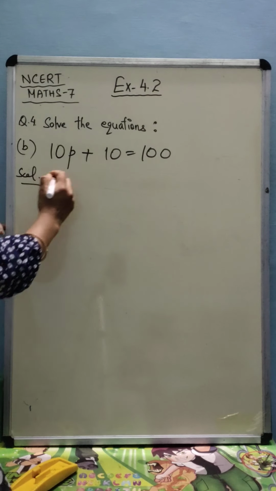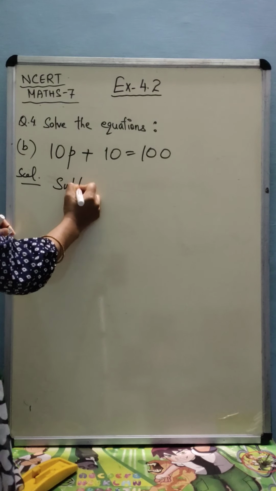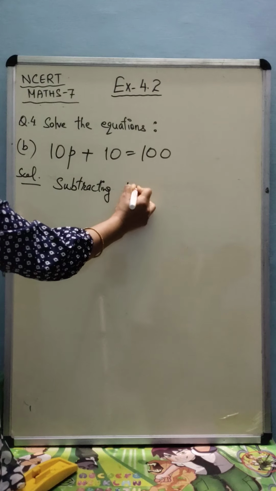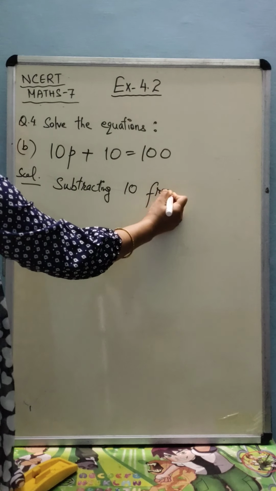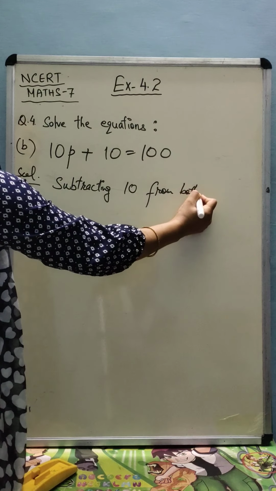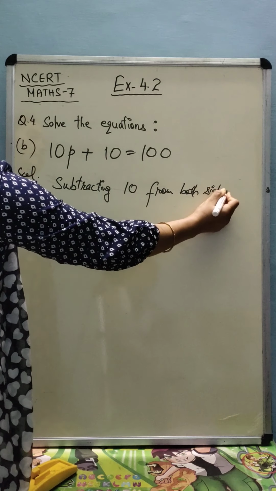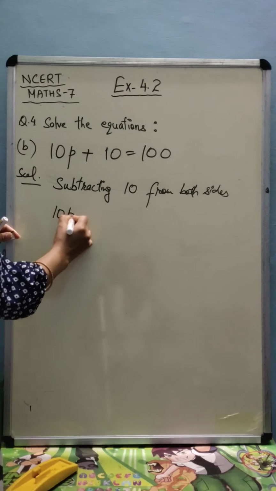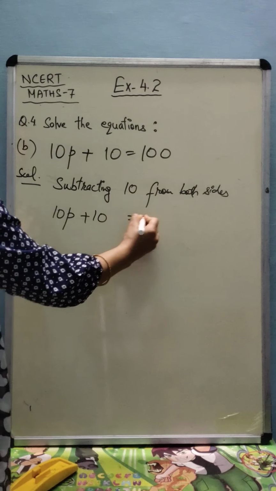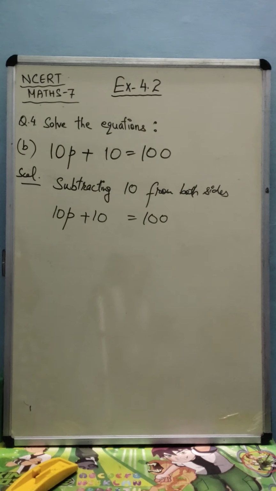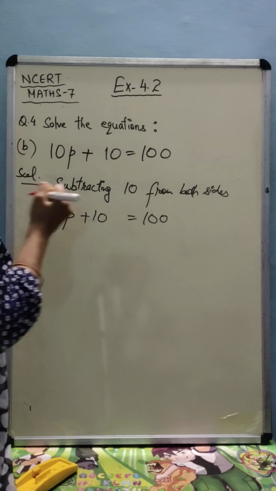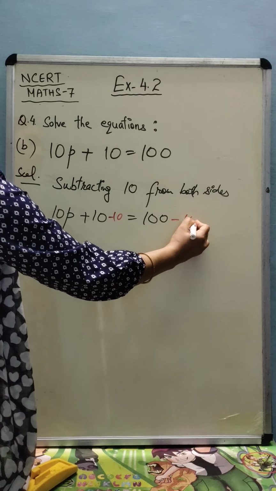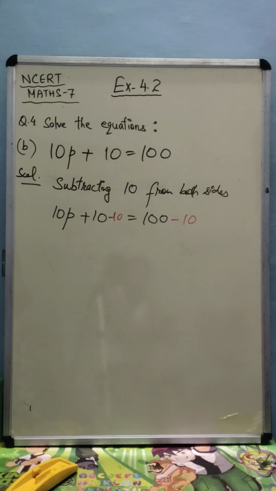So we will write subtracting 10 from both sides. The given equation was this. What we will do is subtract 10, that is minus 10, from the LHS and minus 10 from the RHS.